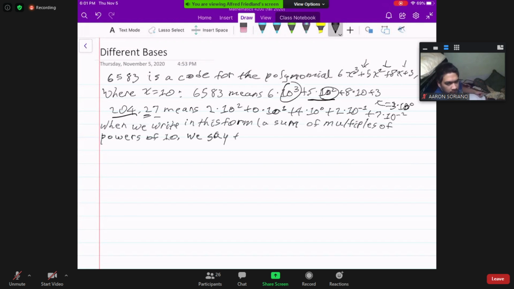We say, from the Greek word for 10, when we write numbers in this form, namely a sum of multiples of powers of 10, we say the numbers are written in decimal form, as you know.